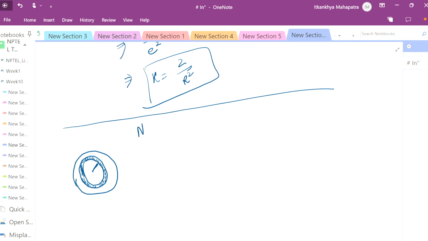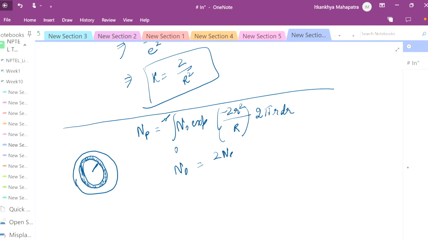So that will be N_P is equal to integral from 0 to infinity, since we are taking this to infinity, n naught exponential minus 2r square by R square, times the area 2 pi r dr. On solving all this, you will get n naught is equal to N_P divided by pi R square.